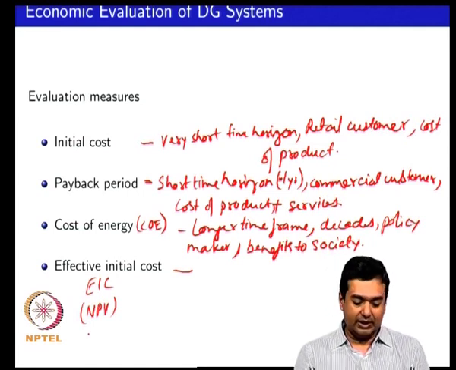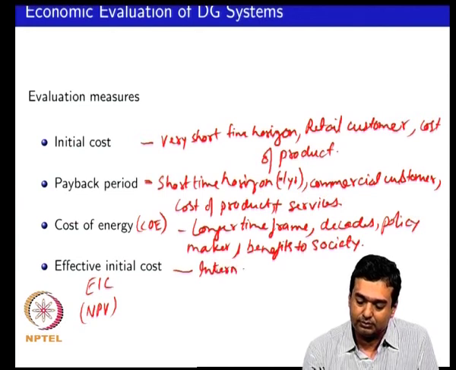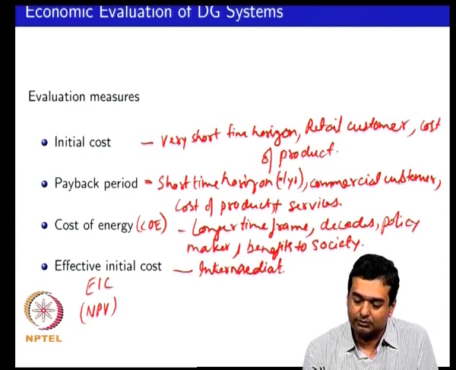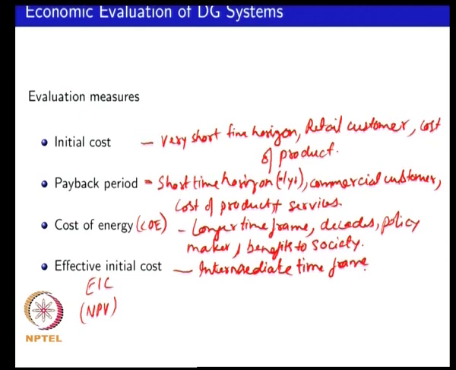This can be of an intermediate time frame, depending on what time frame you are looking at, whether it is one product which you might intend to operate for maybe just 5,000 operating hours, or a product which might be working for 5 years or 20 years. So, depending on your product, you can set your particular time frame and decide on the net present value of that particular product.